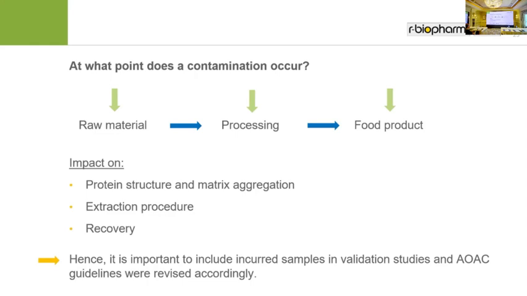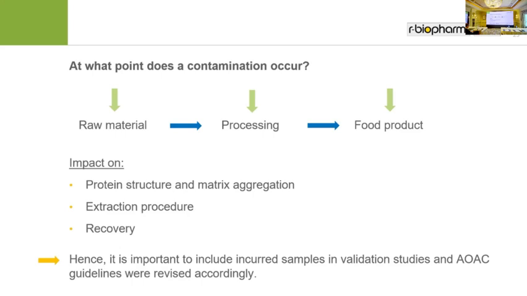If only the food product is contaminated, then you do not have the influence of these, for example, heating, drying, frying, whatever. So you have the gluten then in a different conformation, and the method that you choose for your analysis should cover all these different situations.